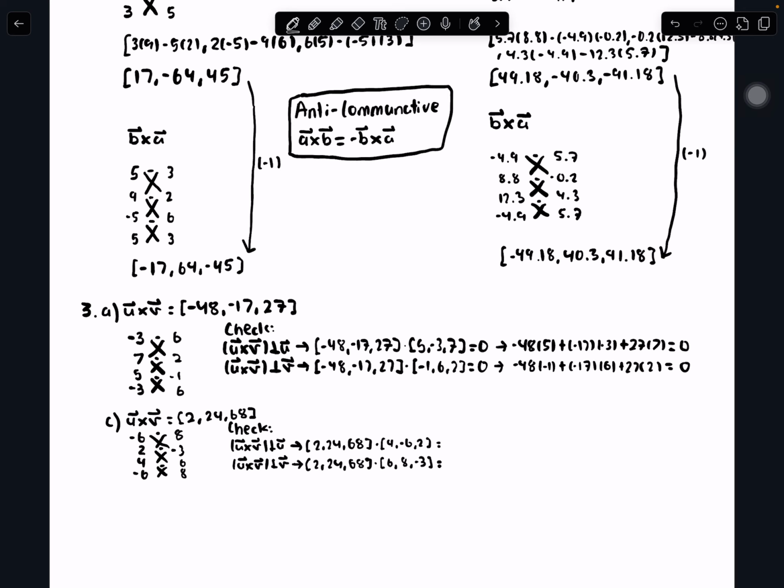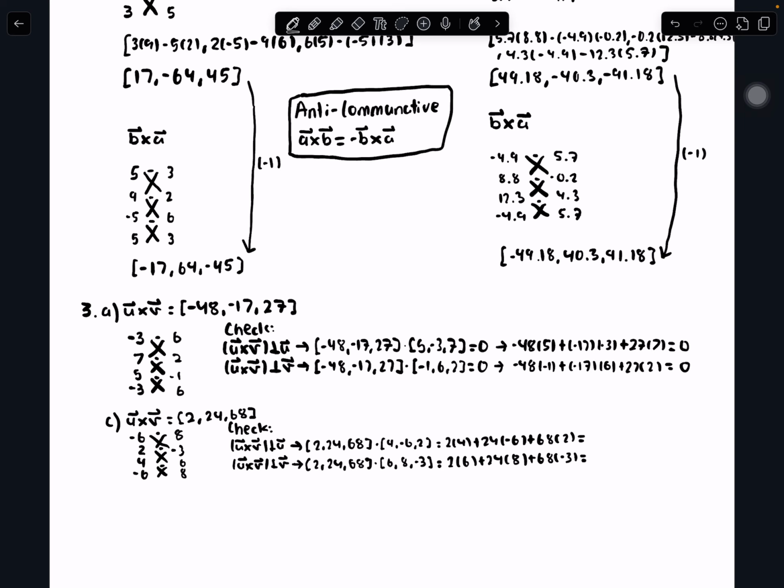And let's see what we get. When we do this, we get 2 times 4. I guess I'll write it out. 2 times 4 plus 24 times negative 6 plus 68 times 2. 2 times 6 plus 24 times 8 plus 68 times negative 3.